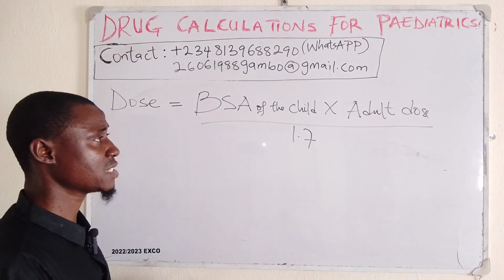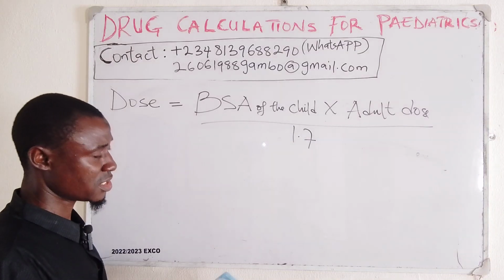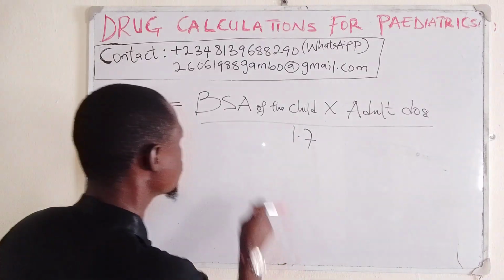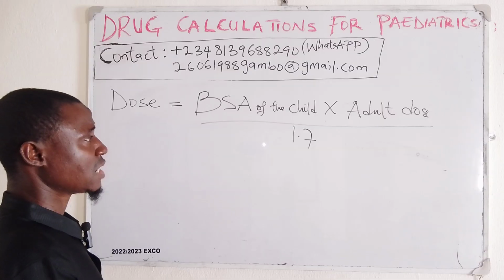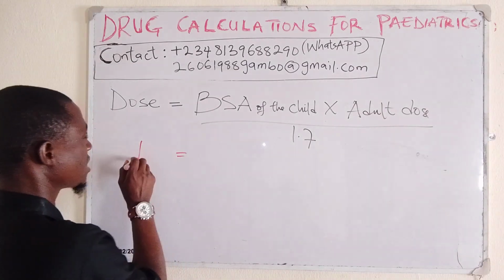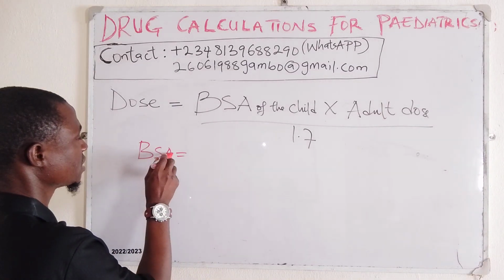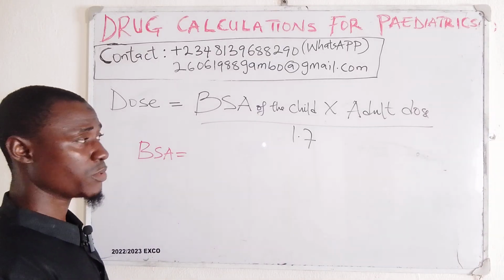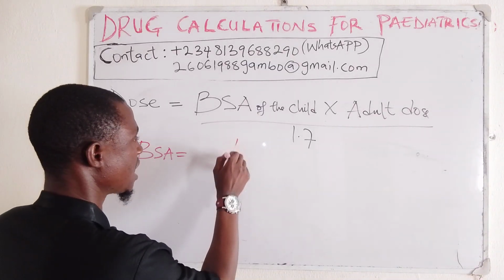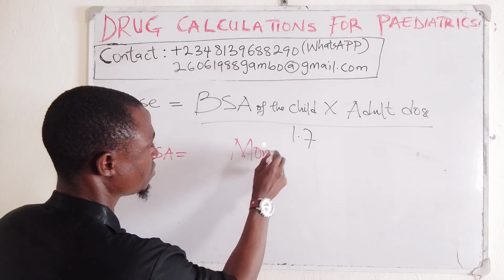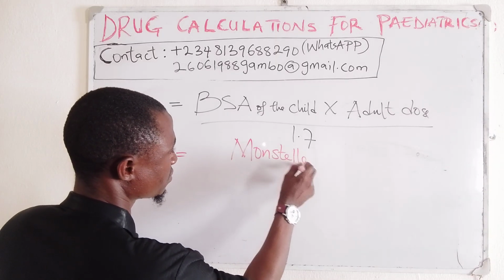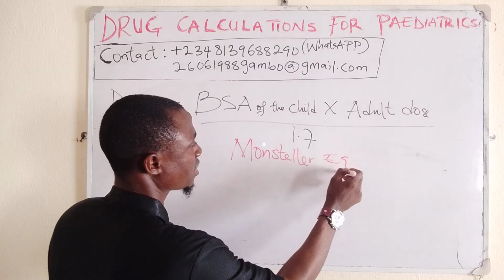So that will take us to the next phase in this calculation. How do we determine the body surface area? Body surface area can be determined using an equation that we call the Mosteller equation.